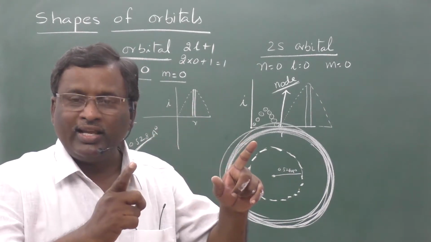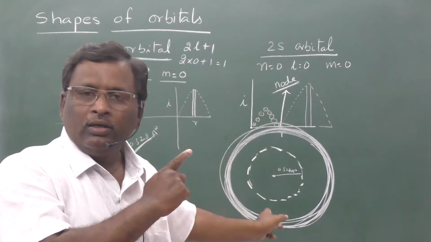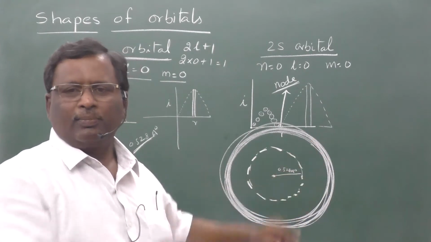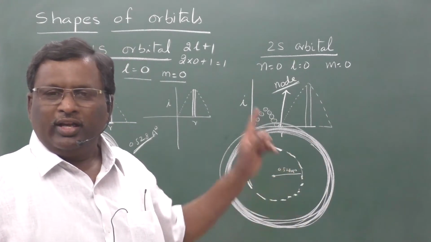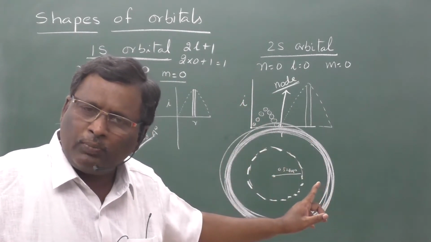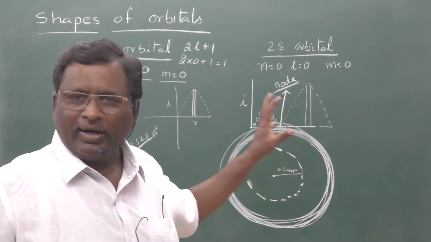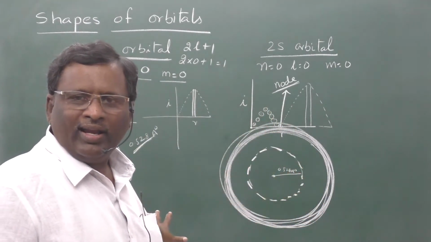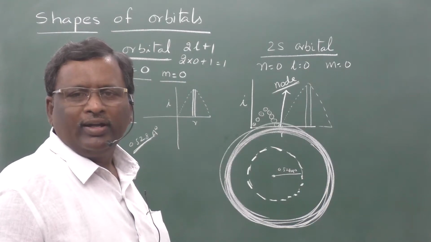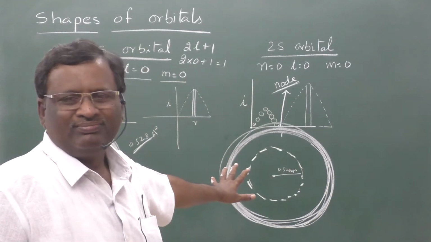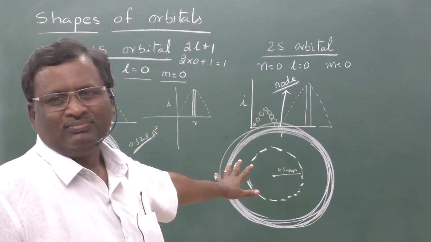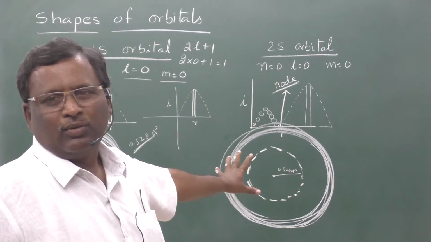The nodal region in the 2s orbital: the 2s electrons' probability is almost 0, but in that area the 1s electrons' probability is maximum.